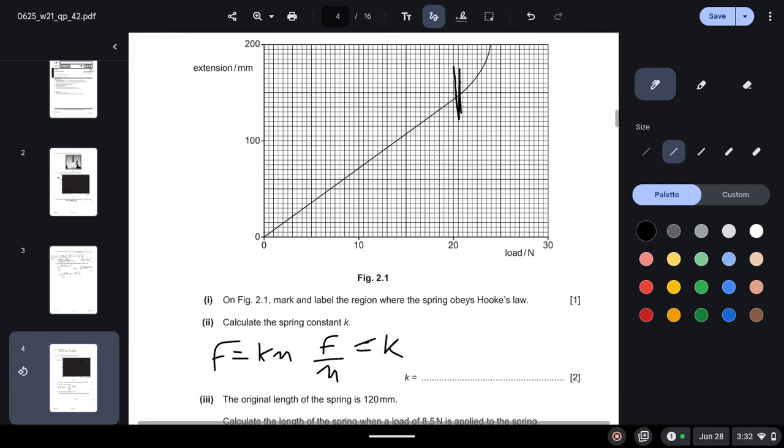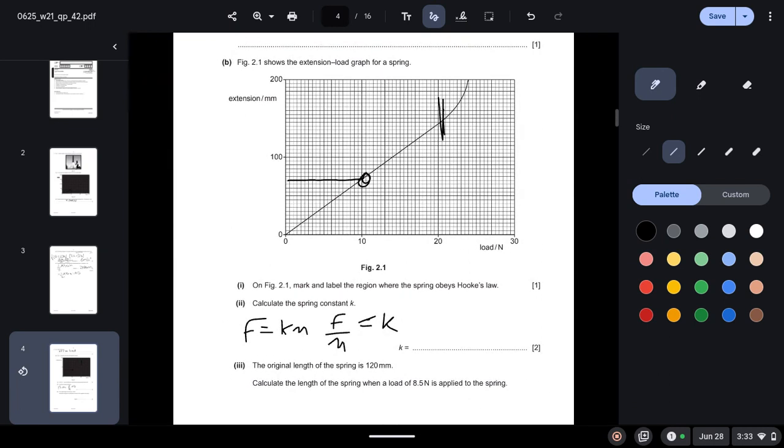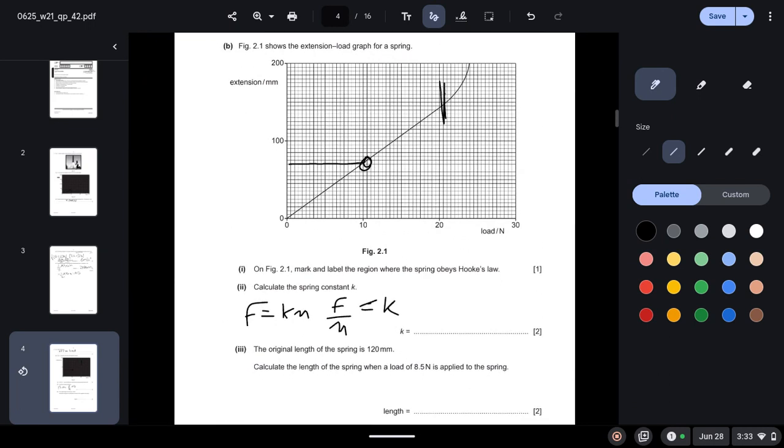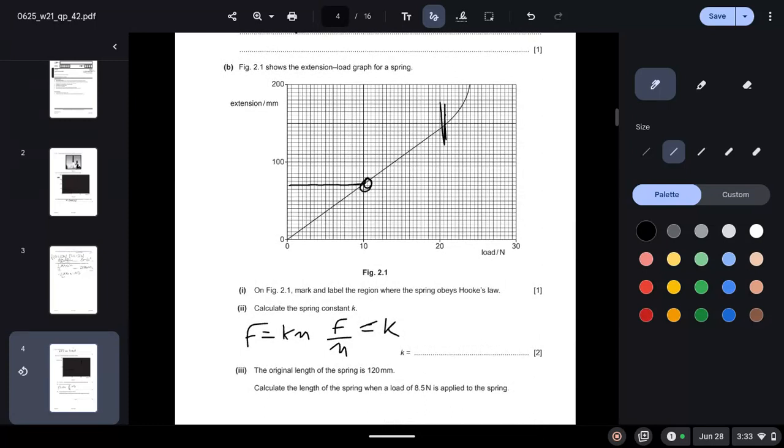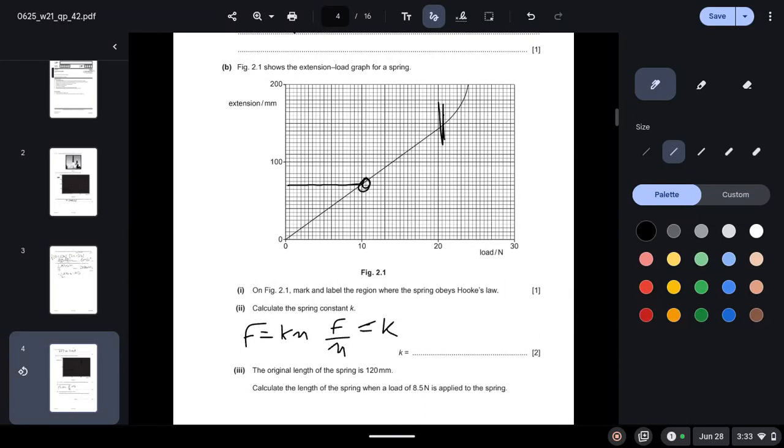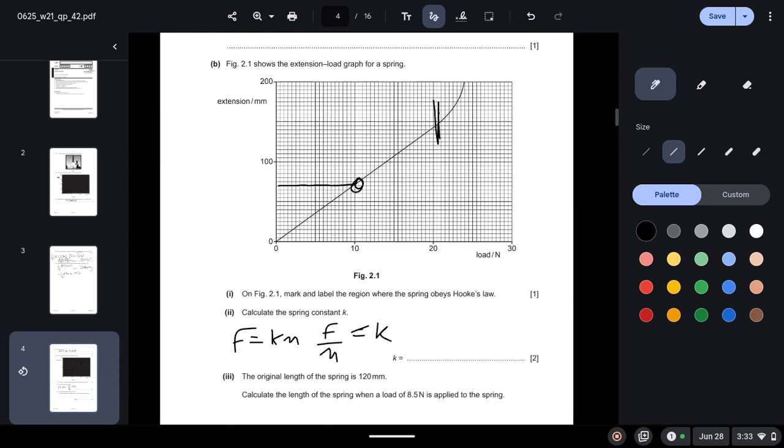I'm gonna take this value here, 10, and it corresponds to, so we have to see which value is here at this point.